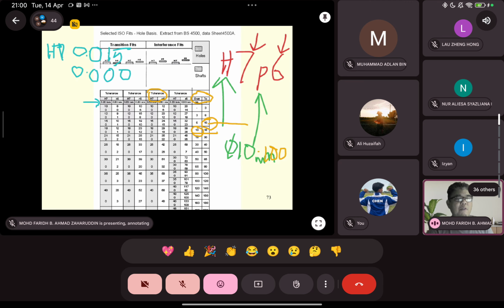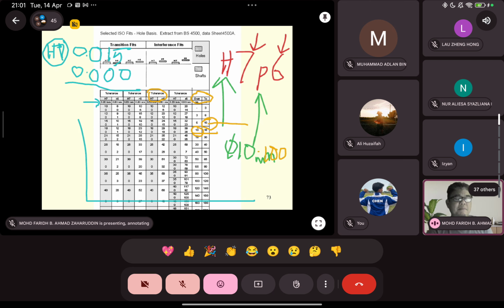Okay, before, Alisa, another question. Kalau tengok dekat sini, there is a 000 for holes. This means this table is hole basis or shaft basis system?